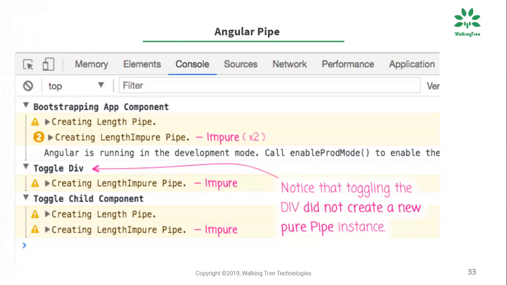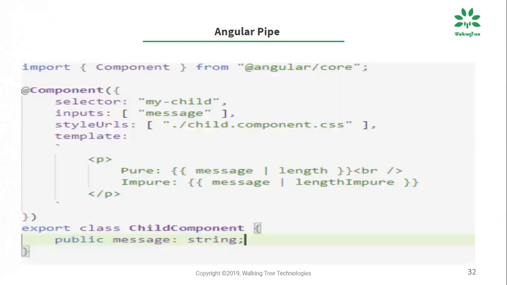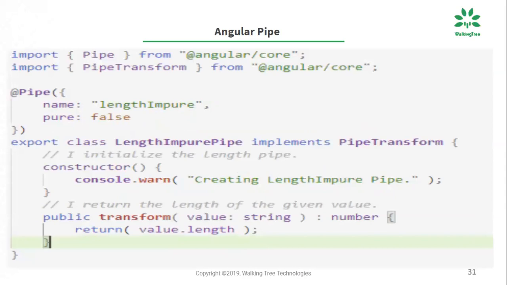And while applying, you can see that the impure pipe gets created, but the pure pipe is not created, and we can see this for the child also. So it is recommended to use pure pipes. And if you want to create one, we need to implement PipeTransform, and using the transform method we can give our logic.